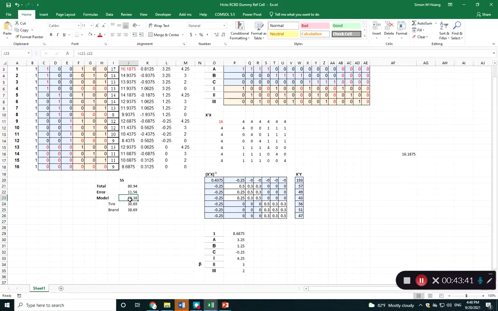and of course, what will be my model if I only have two things? My tire effect plus my brand effect. So the total sum of square is equal to the variance times 15, because it's divided by 16.